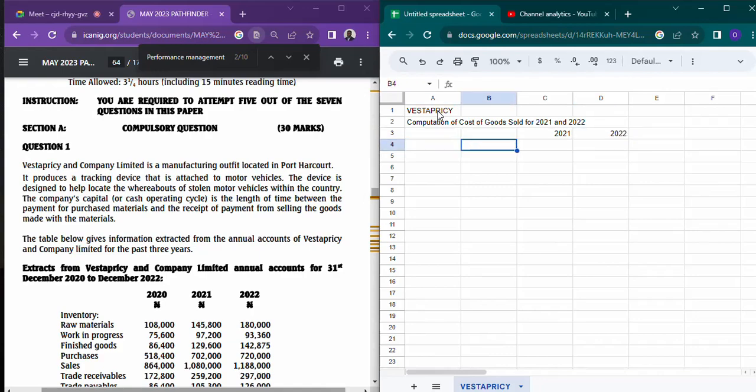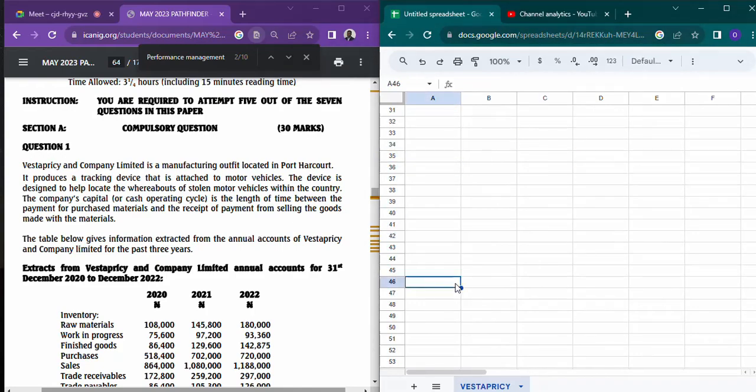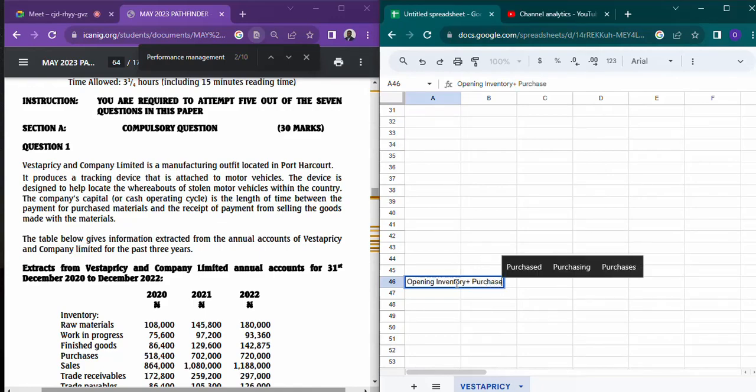You will recall from your GSS 1 business studies that to determine the cost of goods sold, it is usually opening inventory, add purchases, less closing inventory.